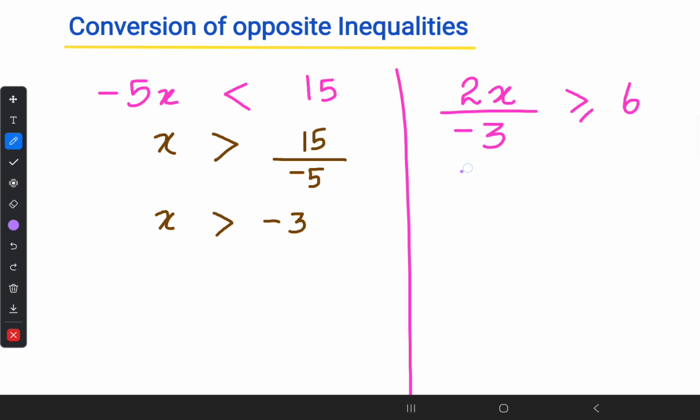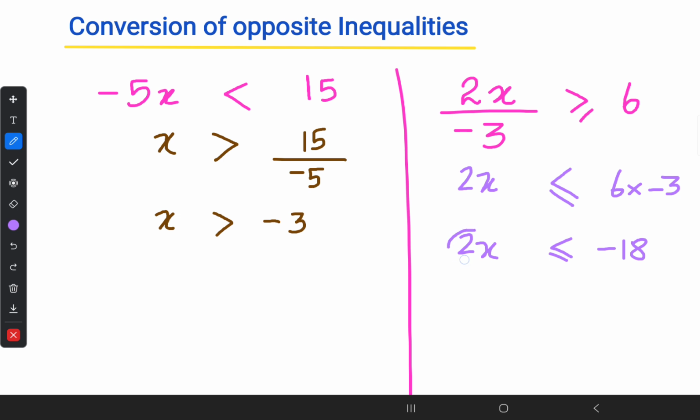Likewise, in the second question, 2x divided by negative 3, the divided negative 3 will become a multiplicand negative 3. In this case also, the existing inequality, greater than or equal to, will become less than or equal to. Thereafter 2x is less than or equal to negative 18.